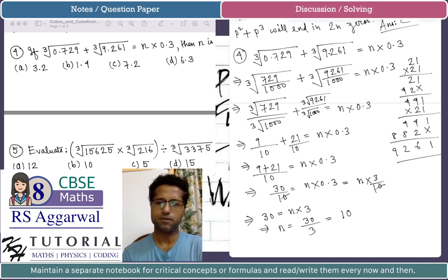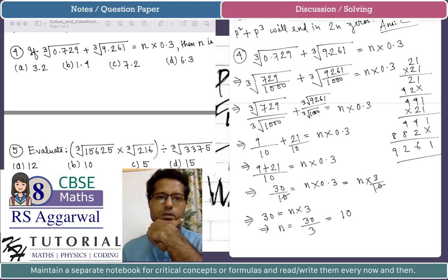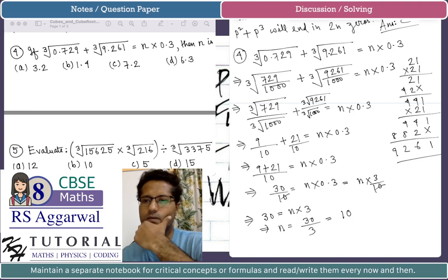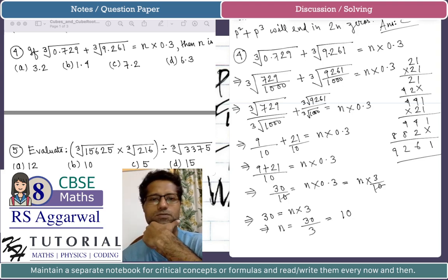This implies 30 by 10 is equal to n into 0.3. I hope the cube root of 9261 is 21. Yeah, 9261.